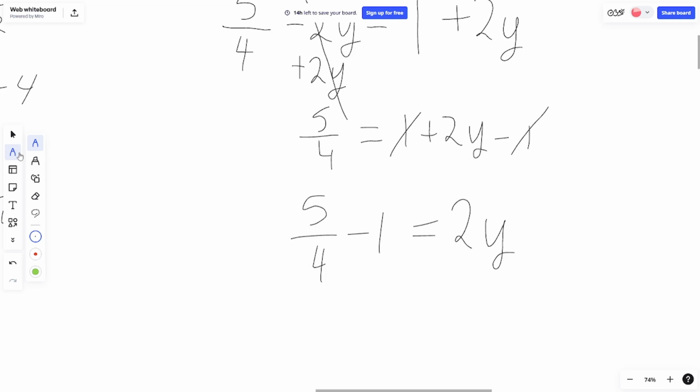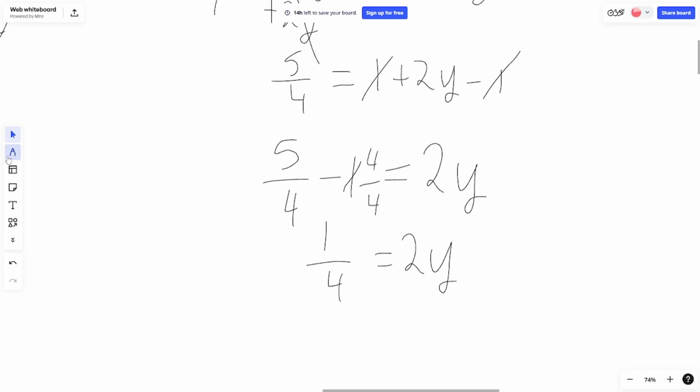And then you would find the common denominator, which will simply be 4 over 4, which will leave us with 1 over 4 is equal to 2y. Now, dividing our 2 out on our right hand side, divide by 2. On our left hand side, we would also divide by 2, which would give us 1 over 8 is equal to y.